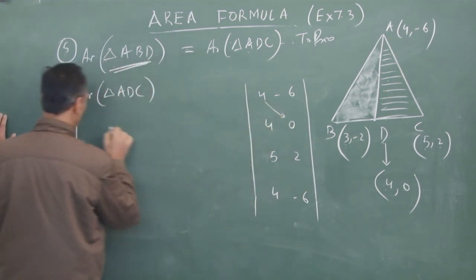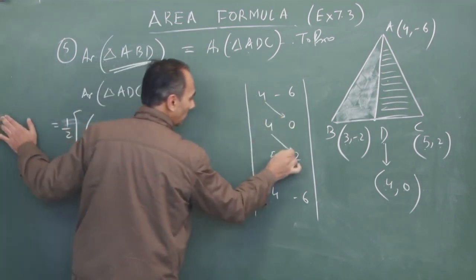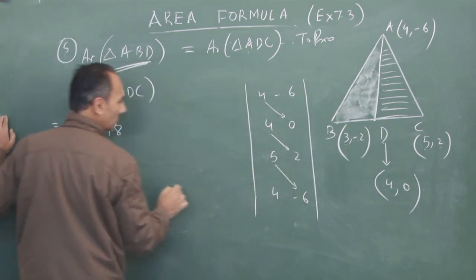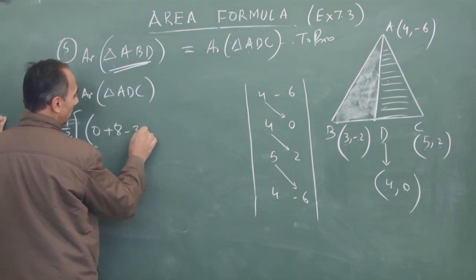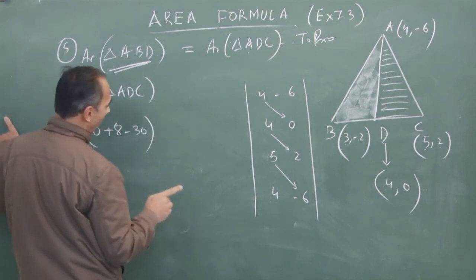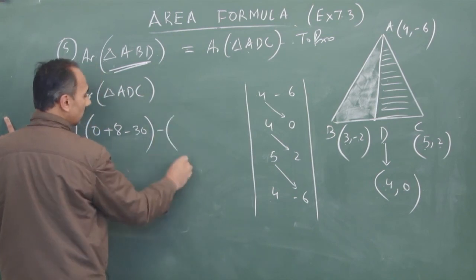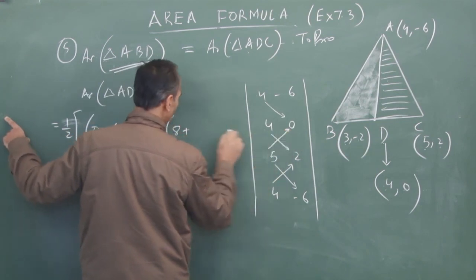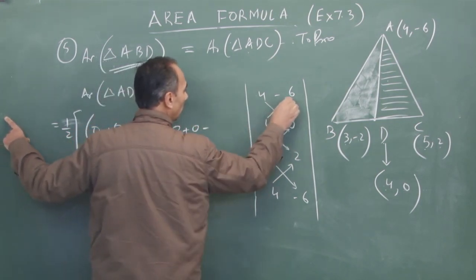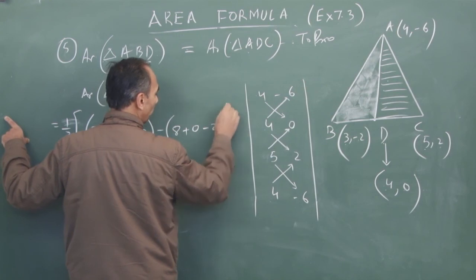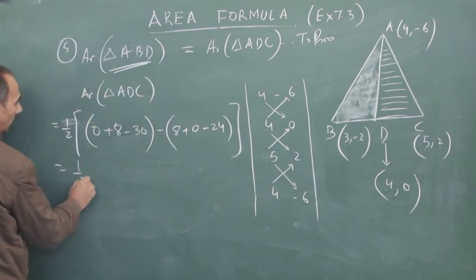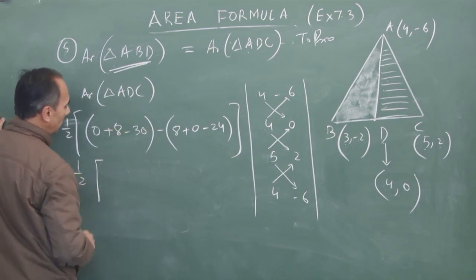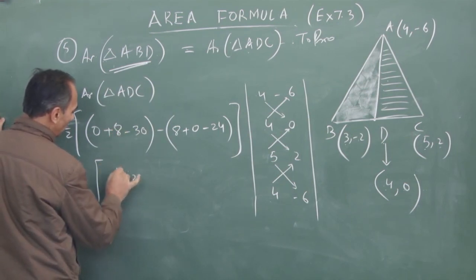4 into 0 is 0. 4 into 2 is 8, plus 8, plus 5 into minus 6 is minus 30. Then minus times 4 into 2 is 8, plus 5 into 0 is 0, minus 4 into 6 is minus 24. Bracket closes. So this is 1/2. This is minus 30 plus 8, that is minus 22.